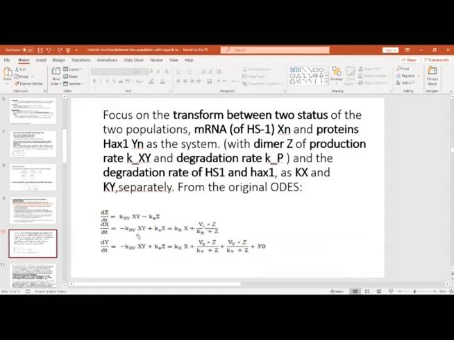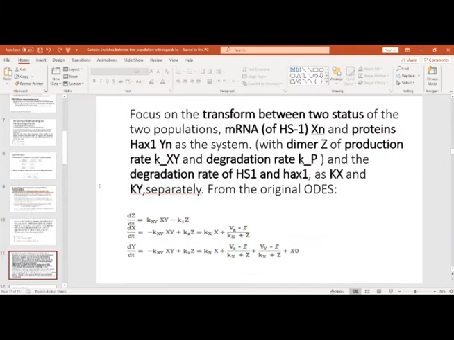And this is the diffusion model based on the degradation rate. We also introduce one dimer here, a new variable that can be cancelled later.